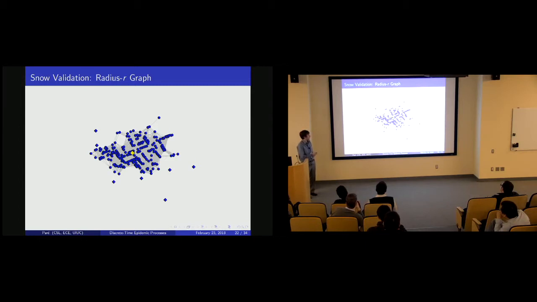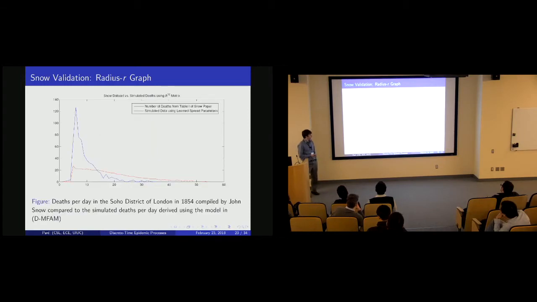R was chosen as the smallest number such that the matrix is irreducible. So if we do that and we simulate it, we get this behavior. Remember, this is the true data, and red is how the system works. And as we suspect, it doesn't work very well.